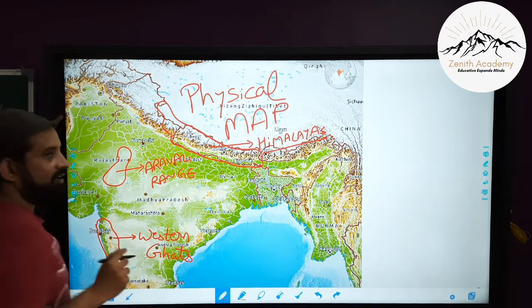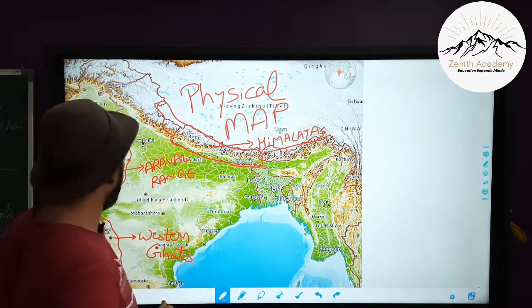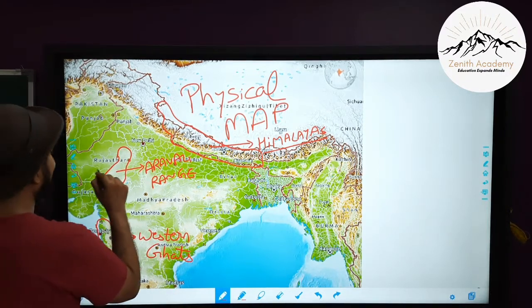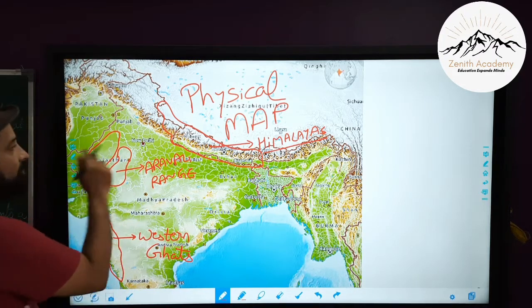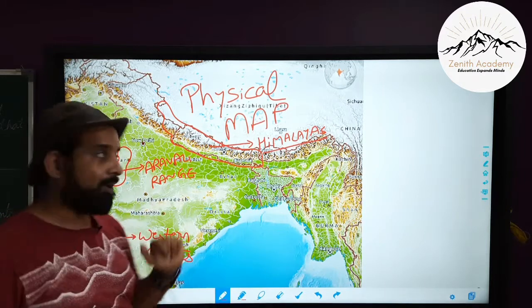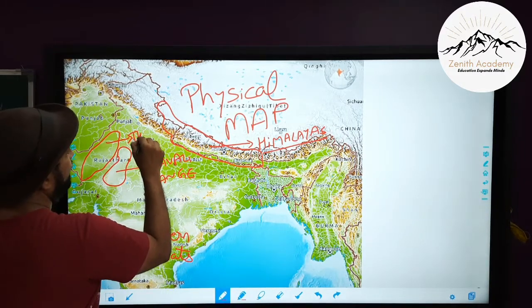So students, the first thing that we learn in the physical map are undulations, that are the mountain ranges in our country. Then we study something else. This part is plain and barren, which is very clearly shown on the physical map. Now what is this? This is the Great Thar Desert.